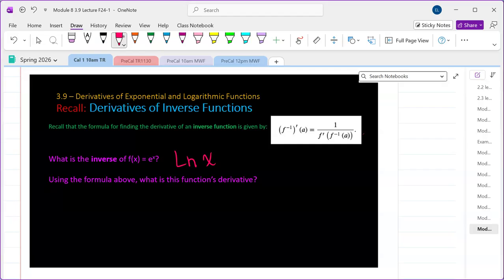So we derived this funky formula for the derivative of the inverse. It's 1 over the derivative function of the inverse of the thing.